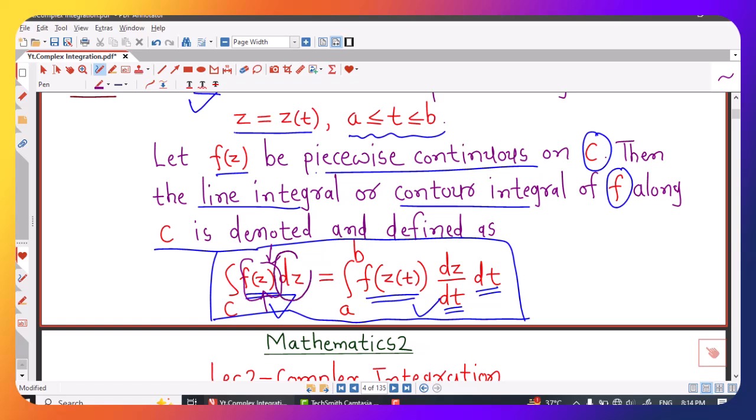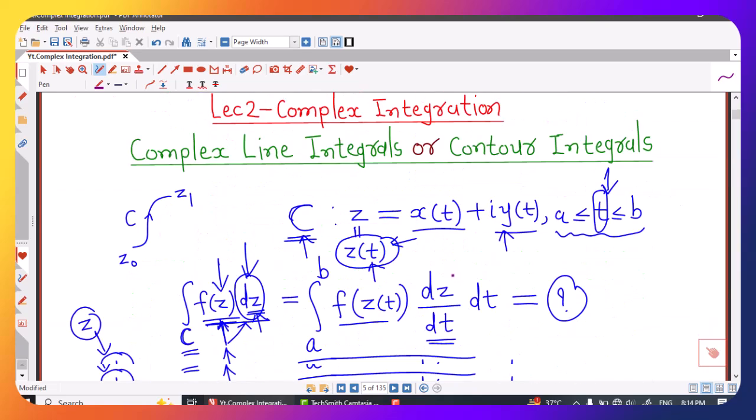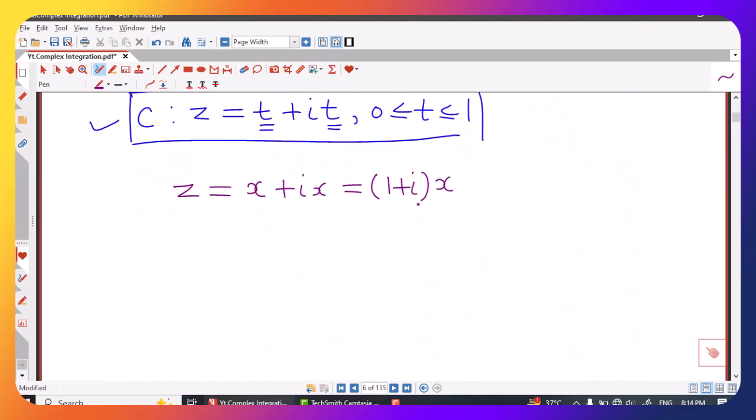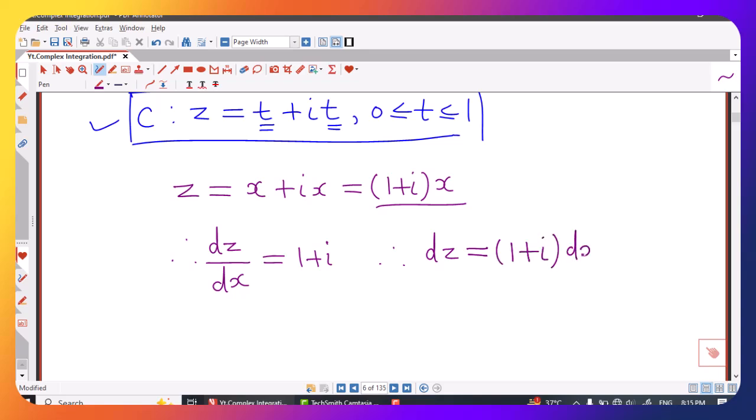Similarly, we will write dz in terms of the parameter. So we will require dz by dt, and here our parameter is x, so we will find dz by dx. Now I have z equal to x plus ix, that is 1 plus i times x. So I can differentiate z with respect to x, and here I have 1 plus i, since the derivative of x is 1. Therefore dz can be written as 1 plus i times dx.